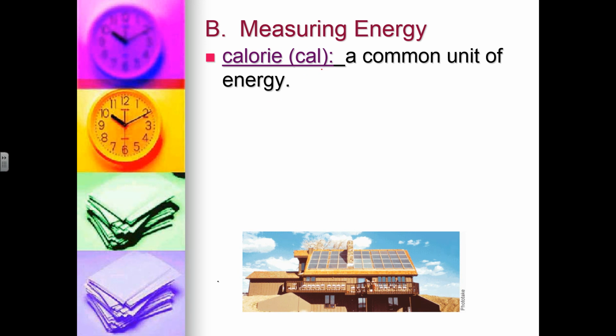Now, if you look on any nutrition label for food, you're very familiar with calories. Maybe you're watching your calorie intake, your caloric intake. But think about it. The food that we eat is what helps provide us with energy to go about our daily lives and do the tasks that we need to do of a day. So calorie is a unit of energy.